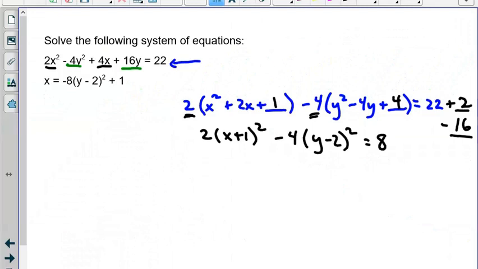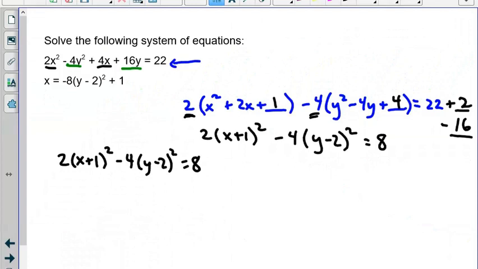And so now what I'm going to do is look at these two equations. We have 2(x + 1)² − 4(y − 2)² = 8.